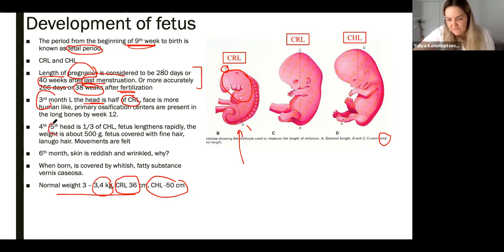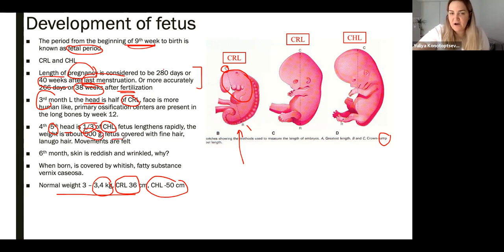But by the 5th month, head is 1/3 of the crown heel length. Did it shrink? No, your body grew. Your body caught up with the head. Okay, so now you have your normal proportions. Weight of the embryo during the 5th month is only 500 grams.